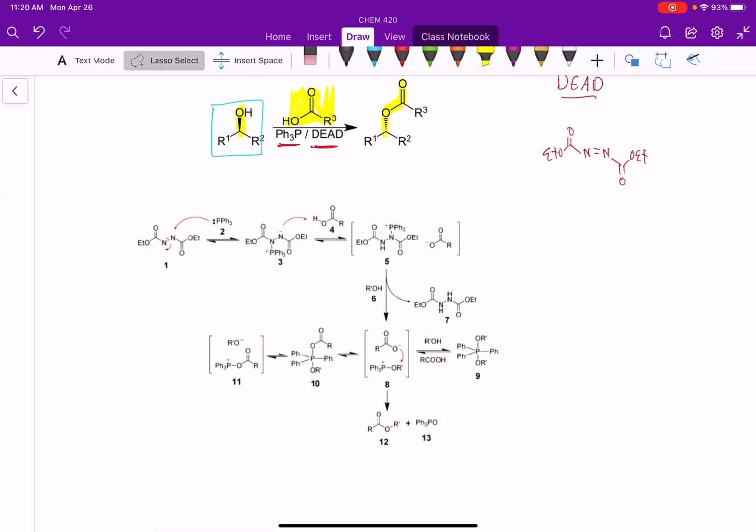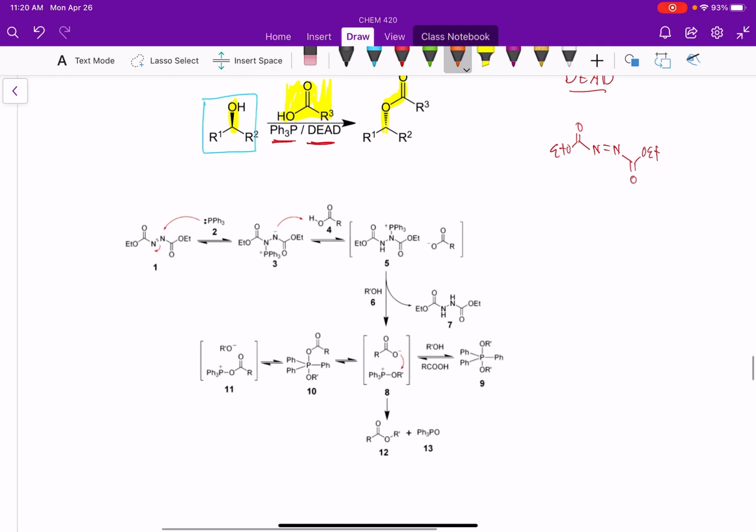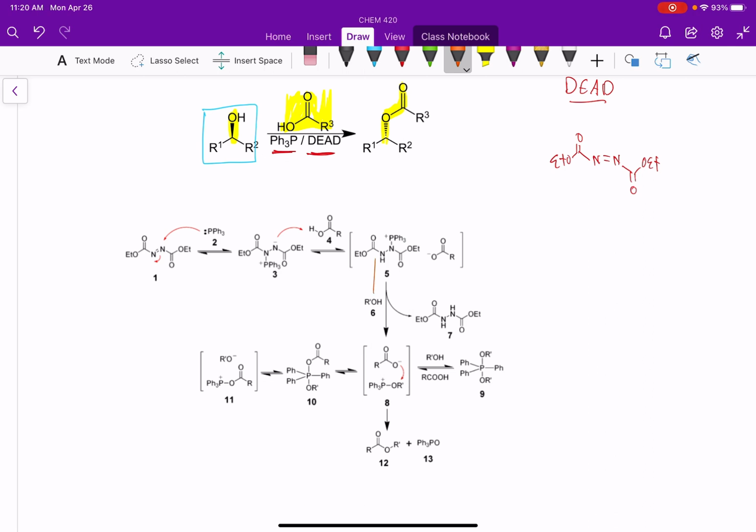There's a really interesting mechanism here. The triphenylphosphine attacks the nitrogen. The nitrogen deprotonates the carboxylic acid to form this sequence here. Your alcohol then attacks the triphenylphosphine, so you've now formed a good leaving group.